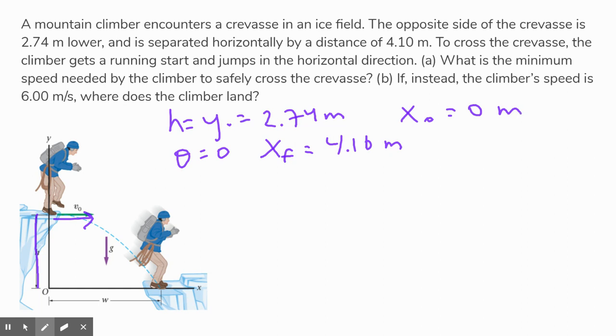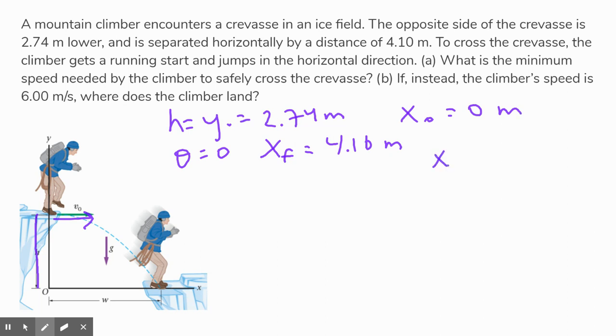Okay, we're going to pull the information from the previous slide, because all we want to do is figure out this x value. We want to know the speed, but in order to find the speed, we have to rearrange an equation.